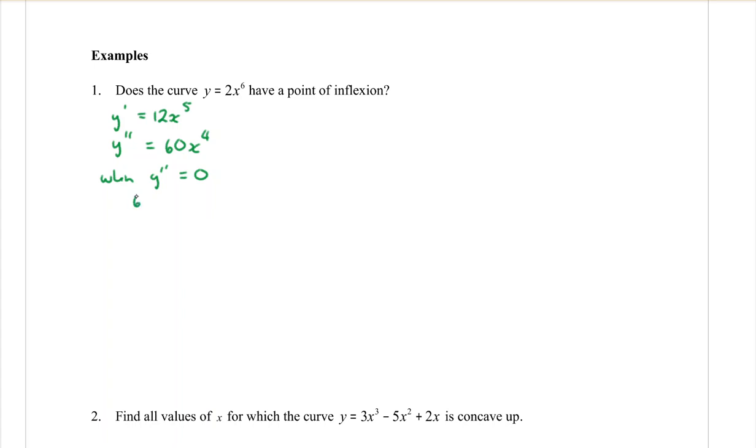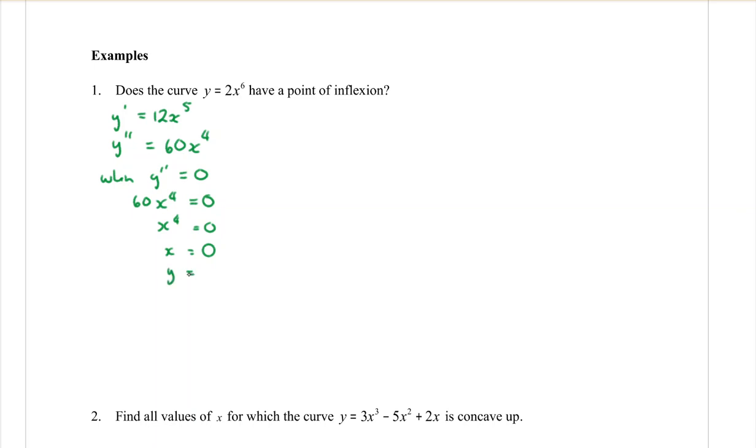So that will be 60x to the power of 4 is equal to 0. The 60 could divide away. The fourth root of 0 is still going to be 0. And because it's a point that I'm after, I would like to know the y value.